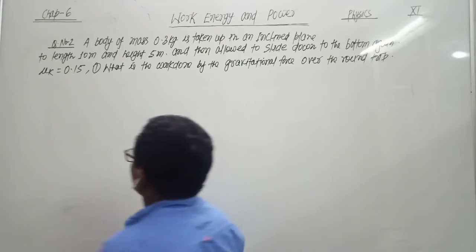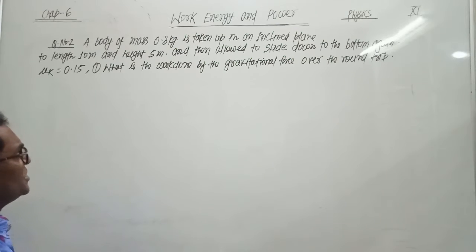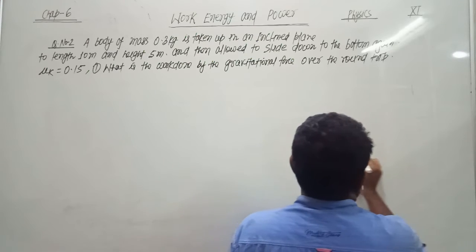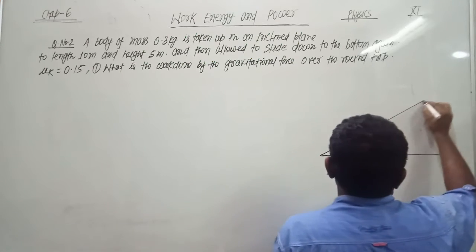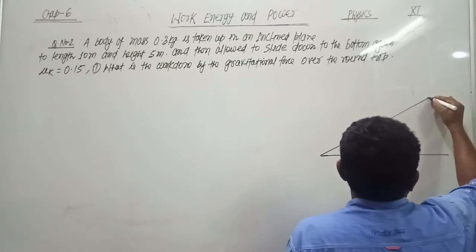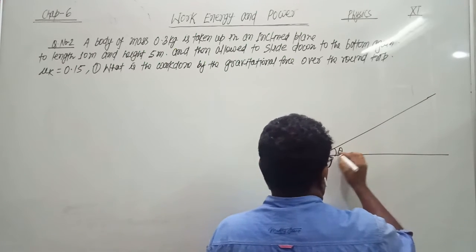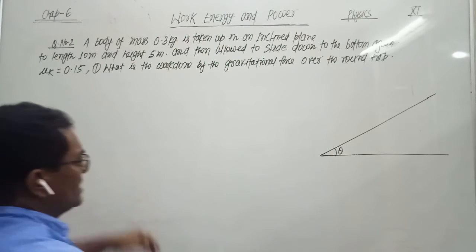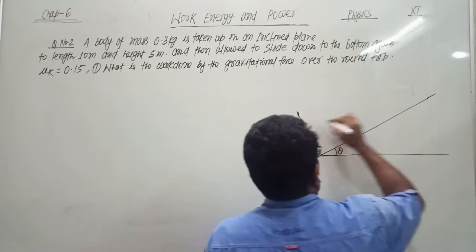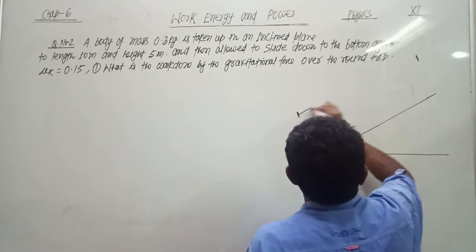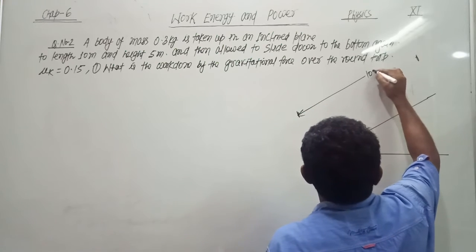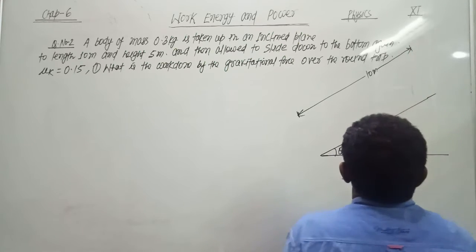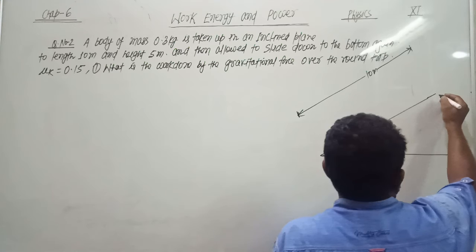We are given a body of mass 0.3 kg taken up an inclined plane. There is an inclined plane which is inclined at an angle theta, and the length of the plane is 10 meter and the height of the plane is 5 meter.